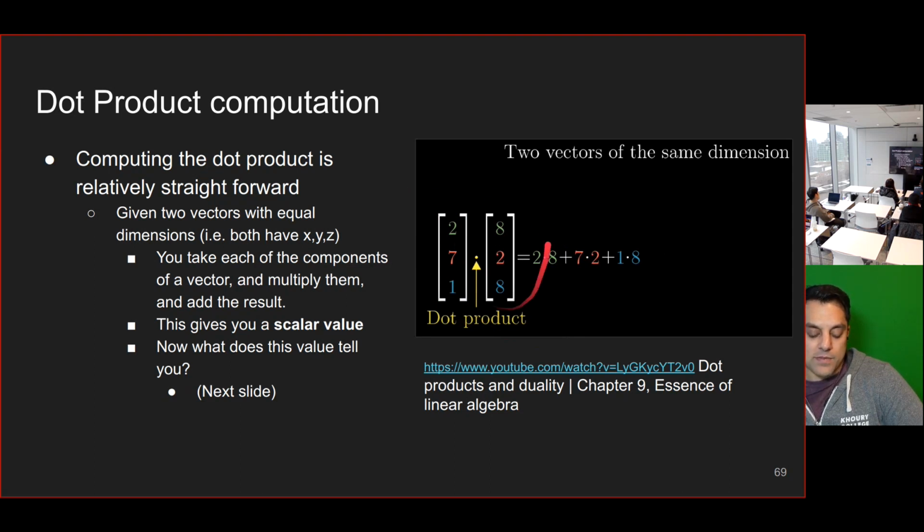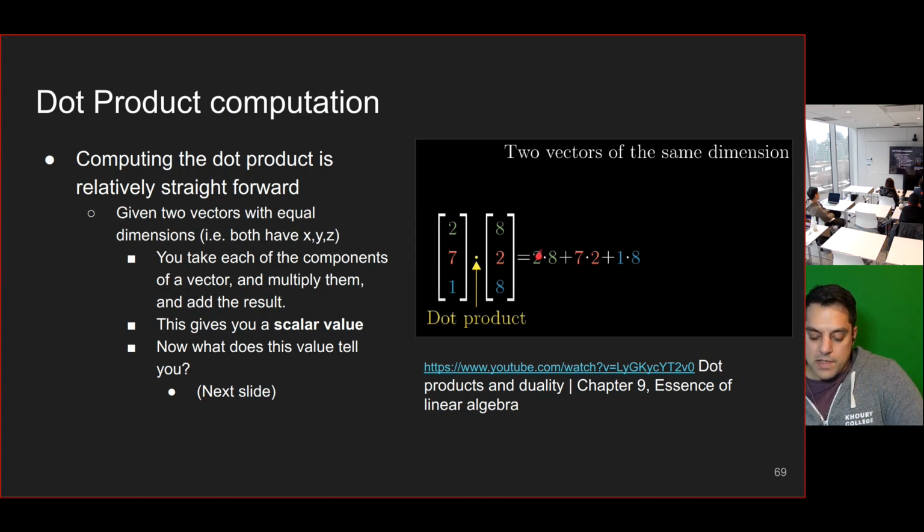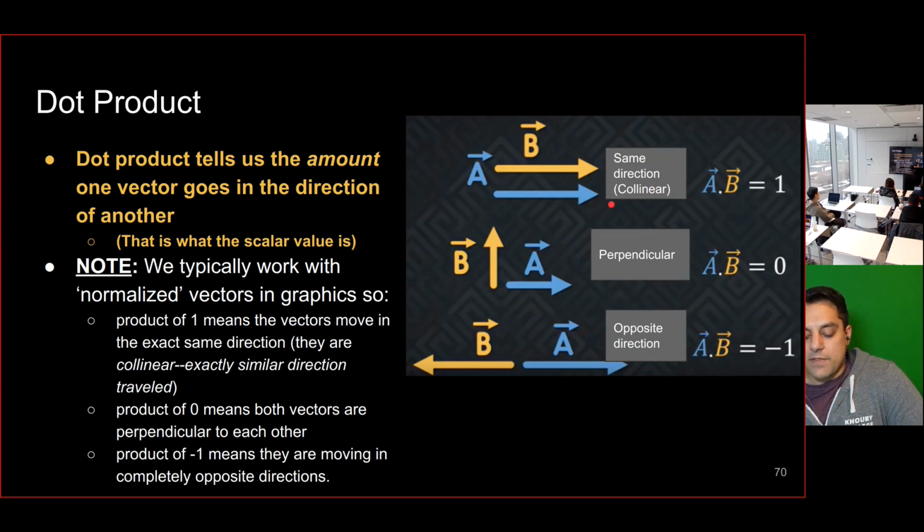Looking at this example, I get 2 times 8, 16, plus 14, plus 8. So this value of 38, I don't really know what that means. But if I normalize my vectors so that their magnitude is 1, when I take the dot product, I'll get a range between -1 and 1. If I get a value of 1, that means we're moving in the same direction. A value of 0, they're perpendicular, and a value of -1 means we're moving in the opposite direction.